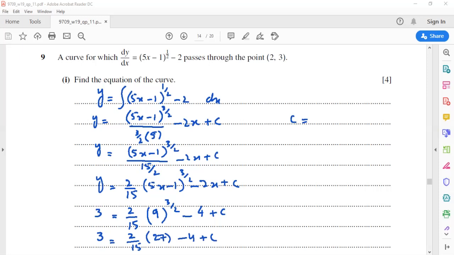So it's going to be 3 plus 4 minus 27 times 2, which is 54, divided by 15. So it's 7 minus 54 over 15. So the c is going to be 7 minus 54 over 15, and this gives us 17 over 5.